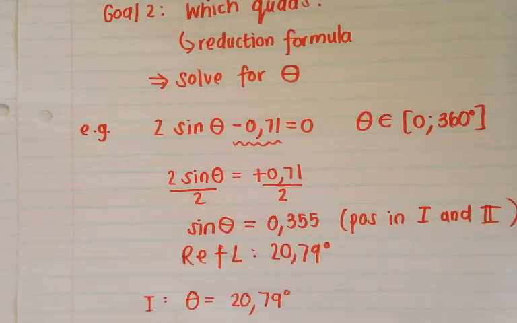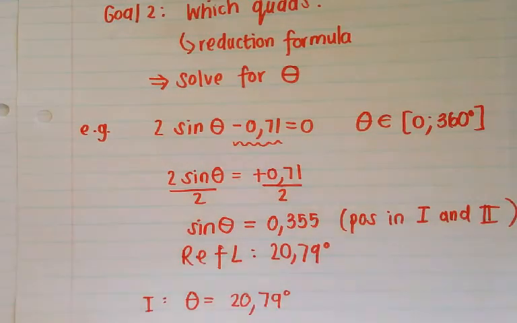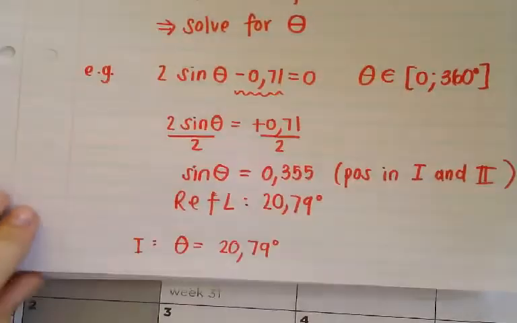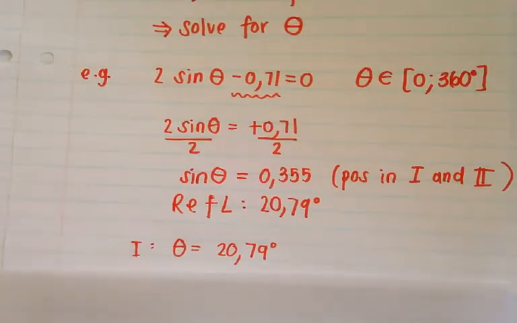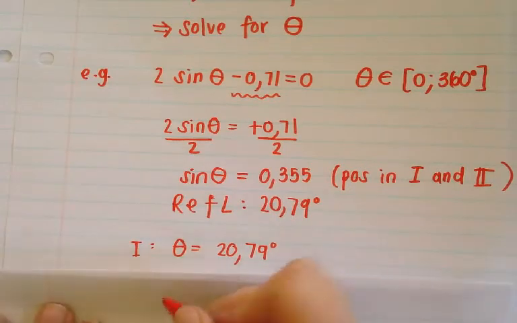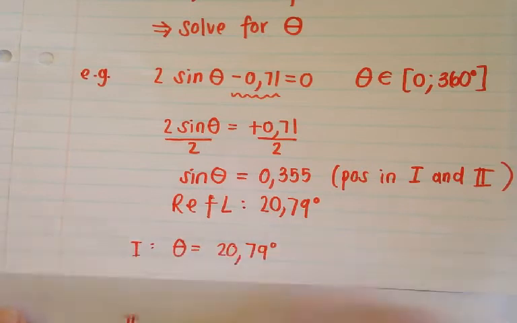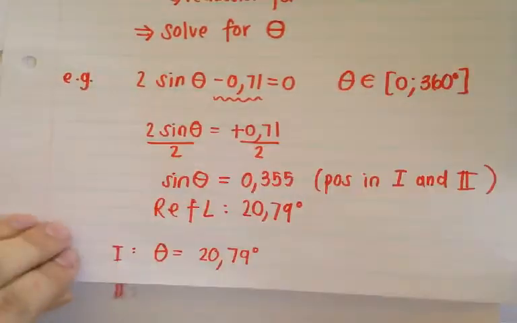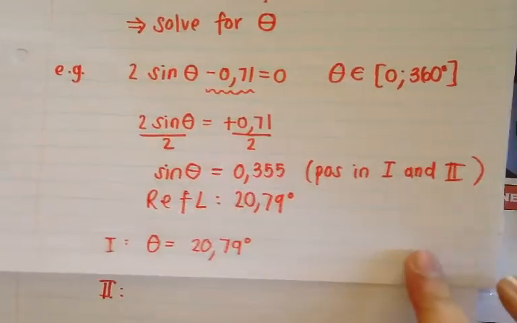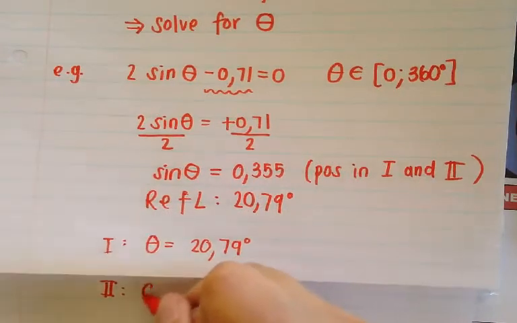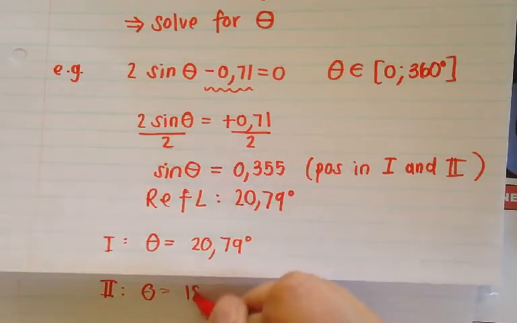Quadrant 2 has the reduction formula, so it is my reference angle. So in quadrant 2, my theta would be 180 degrees.